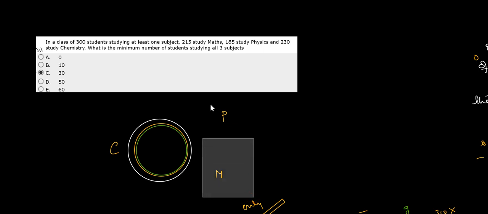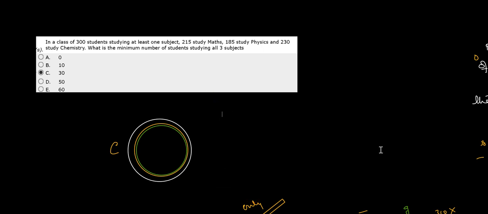This can be a case where all students studying physics also study maths and chemistry, and all students studying maths also study chemistry, correct? So this is the condition in which we will have the minimum number of students.